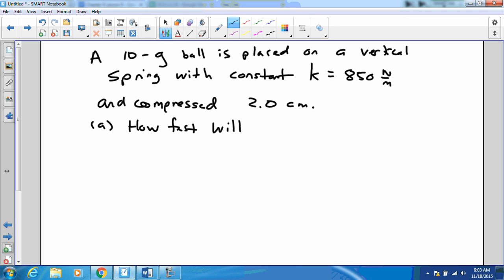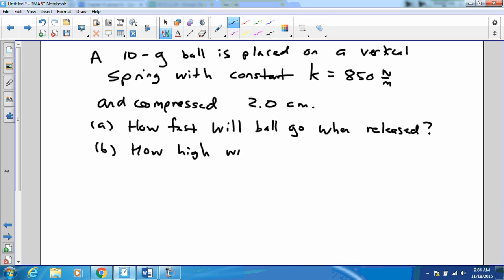Two questions. How fast will the ball be going when it's released? And the second question is, how high will it rise?